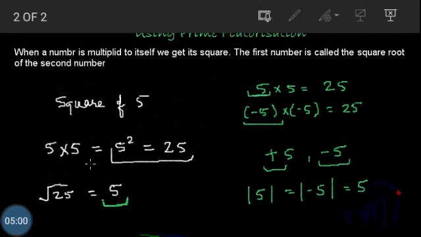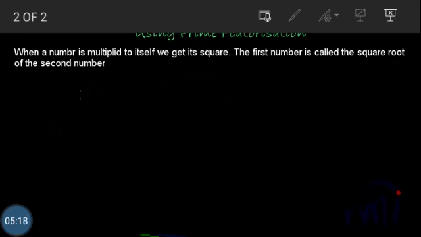Now we are going to learn how to find square root using prime factorization. See here, this 25 and earlier as we have taken 4, both of them are small numbers, and if we know the tables, we can directly find the square roots of these numbers. But suppose if I have a number like 576, it is a big number, and now if I want to find the square root of 576, it will be very difficult, right?